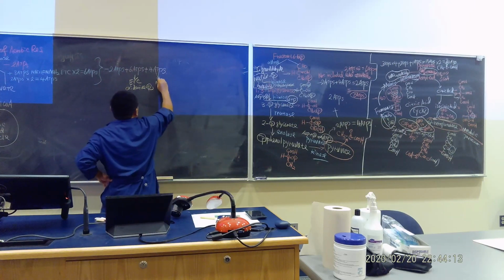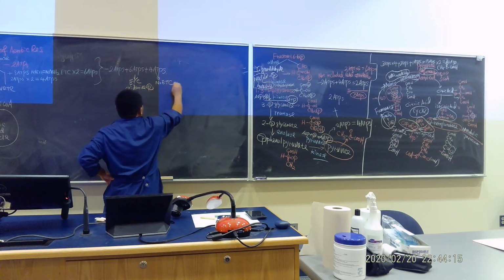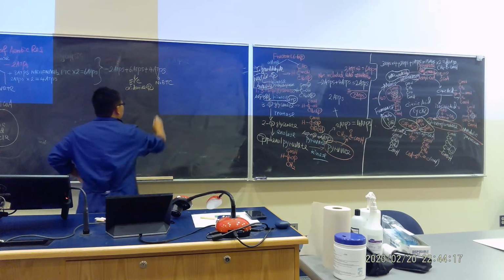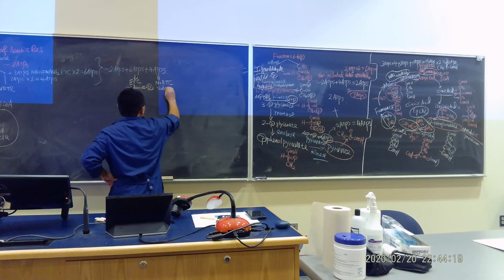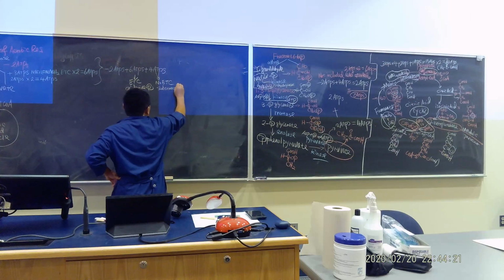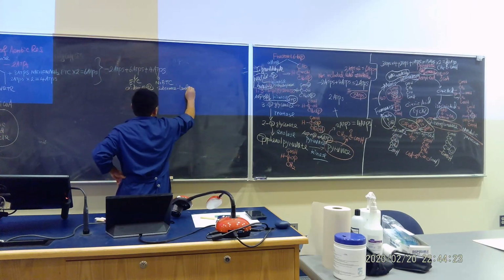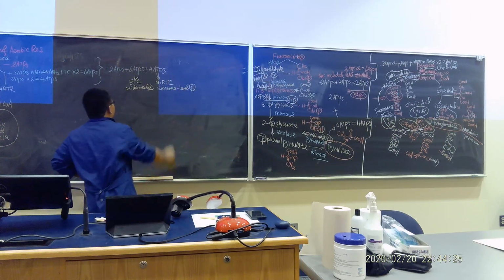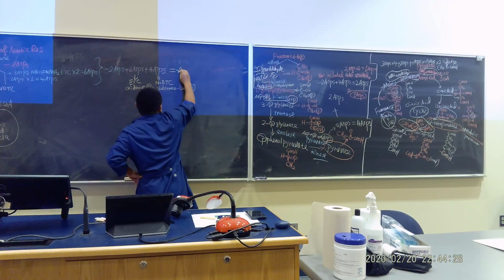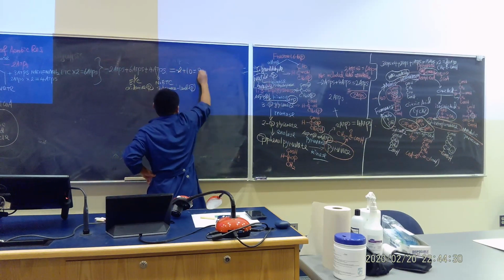The 4 has no electron transport chain involved, so it goes through substrate level phosphorylation. Okay, so adding together, minus 2 add 10 equals 8 ATPs.